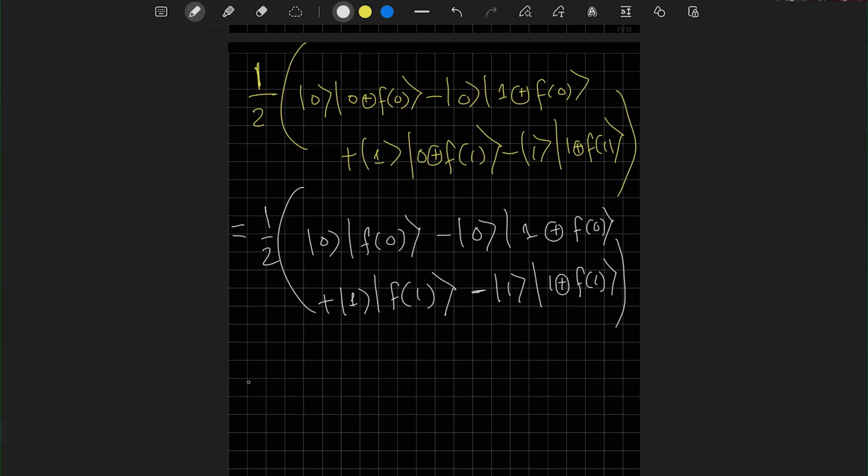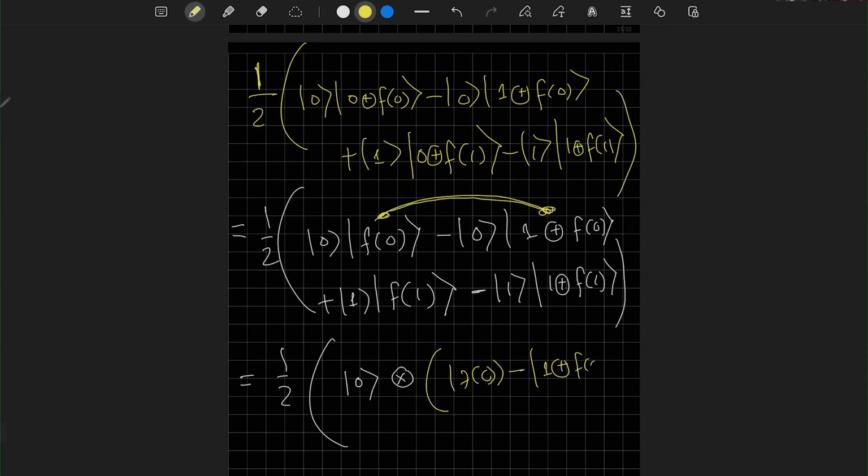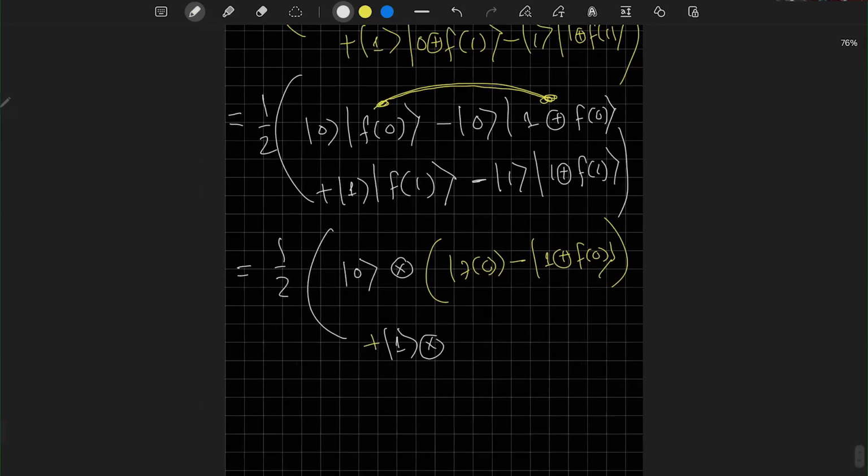What I could do is combine these terms, and factorize out the first qubit to get ket f of 0 minus ket 1 exclusive OR f of 0, plus the same for f of 1 with the first qubit 1.